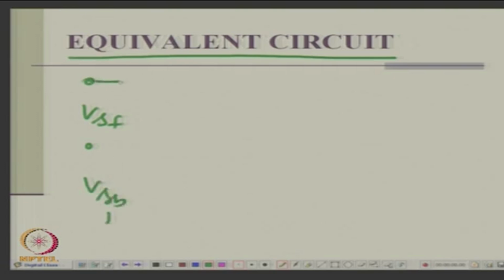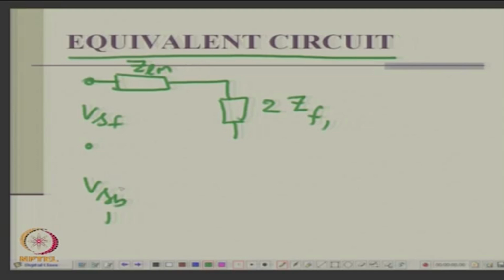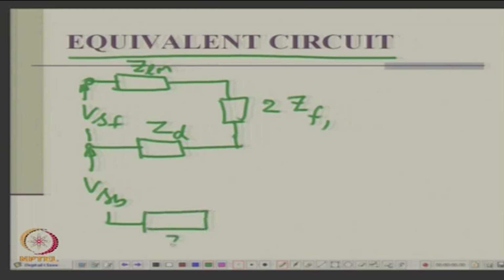VSF will have ZLM, twice ZF1, and then ZD, and here you will have again ZLM, twice ZB1.